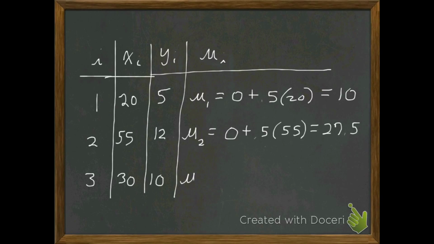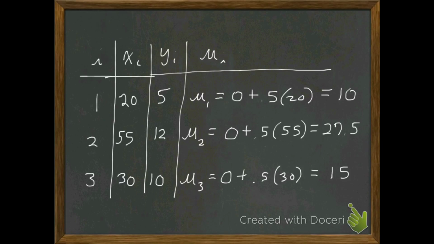And the mean response for the third observation is going to be 0 plus 0.5 times 30, which I hope is equal to 15.